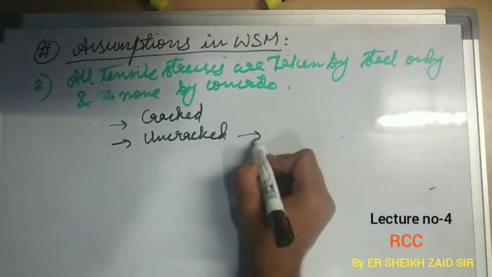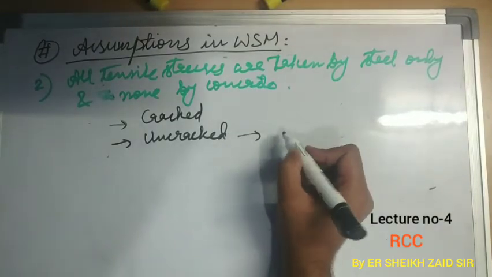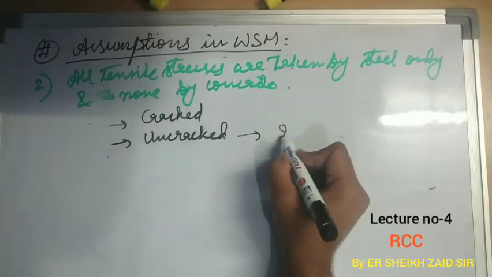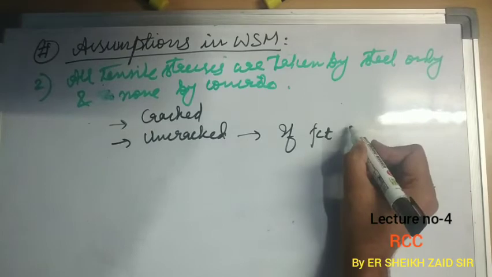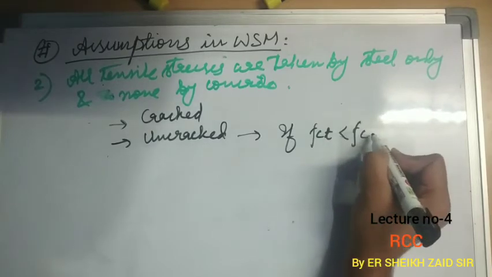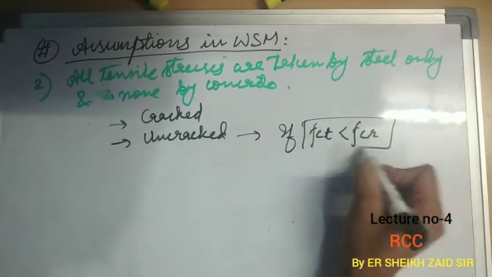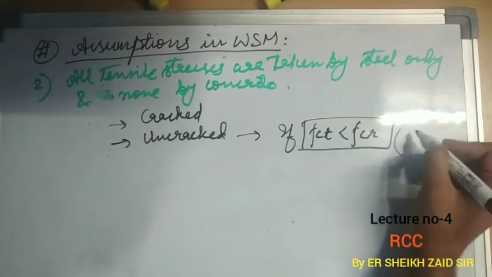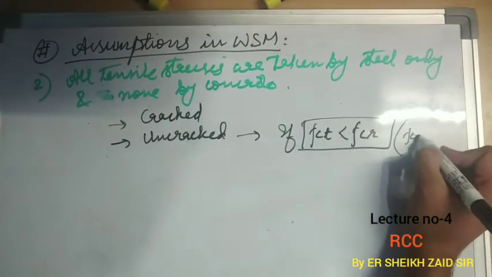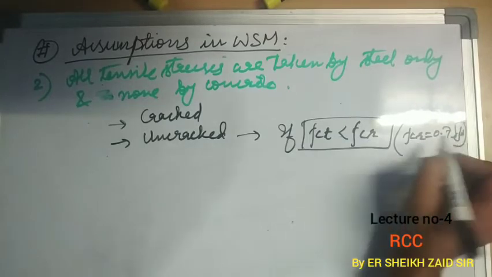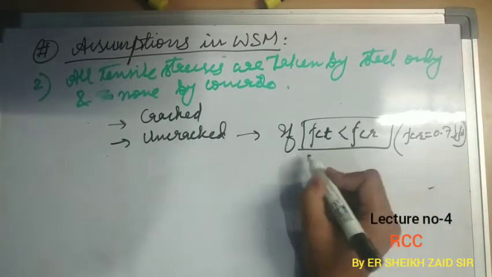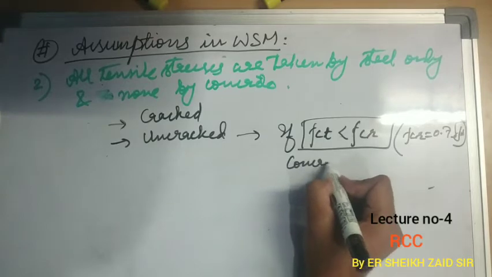In case of an uncracked section, if FCT is less than FCR. And what is FCR? FCR is the modulus of rupture, which is equal to 0.7 root FCK. So in this case, concrete will not crack.